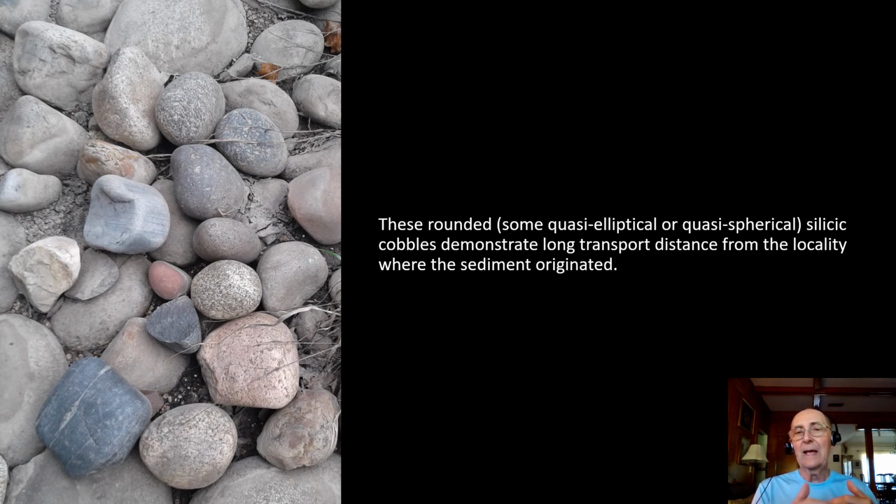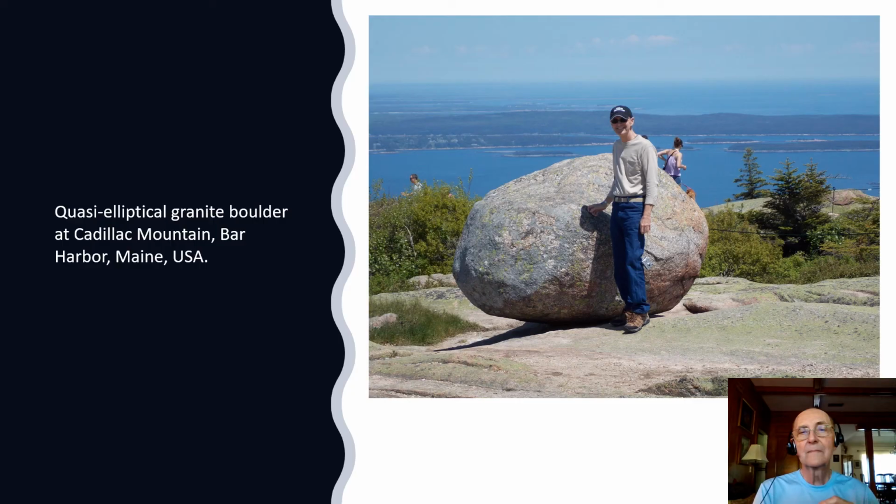They indicate a long transport distance from the locality where the sediment originated. And as I said before, these clastic particles come in all sizes. Here you can see a quasi-elliptical granitic boulder at Cadillac Mountain in Bar Harbor, Maine.